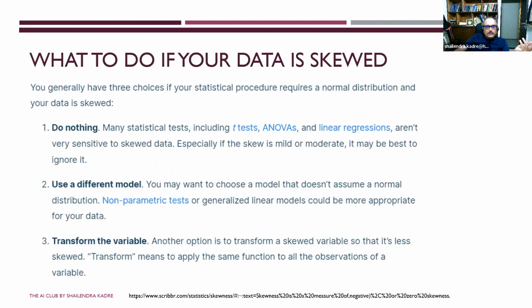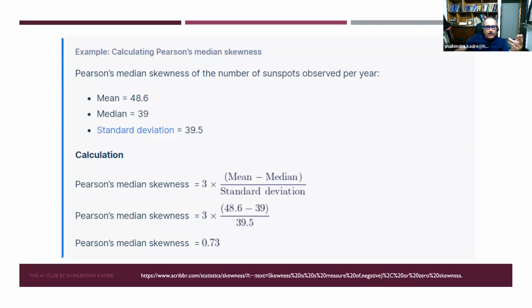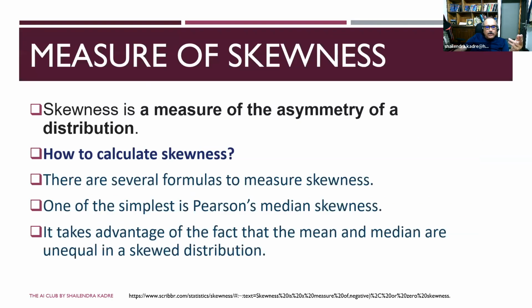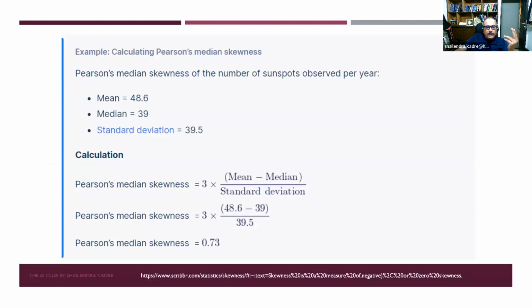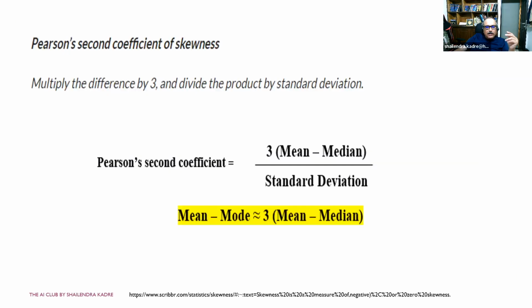Okay, guys. So far we have covered what skewness is, how to measure skewness, and once you have the skewness coefficient, how to interpret it. We have done one numerical on how to calculate the skewness coefficient, the Pearson coefficient. Then we studied that mean minus mode is equal to 3 times mean minus median.